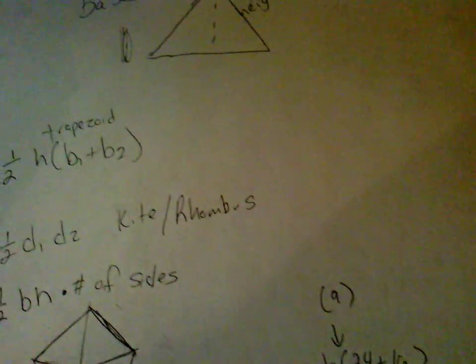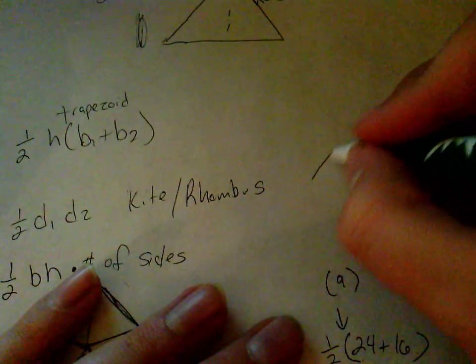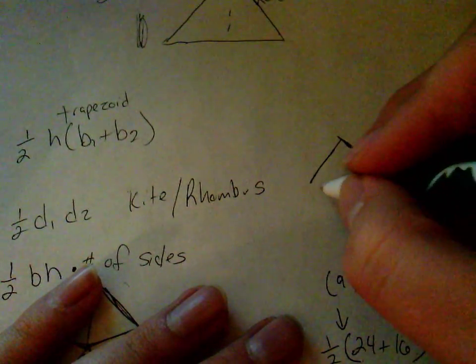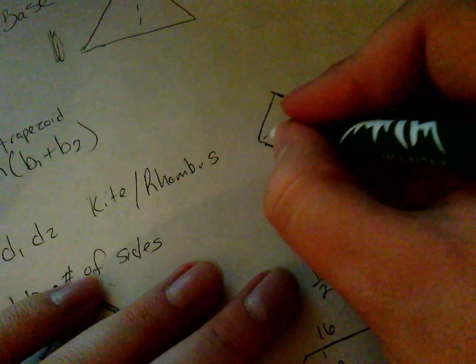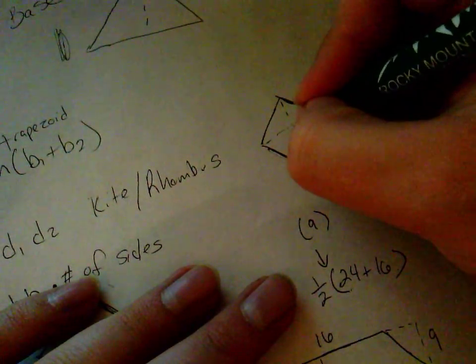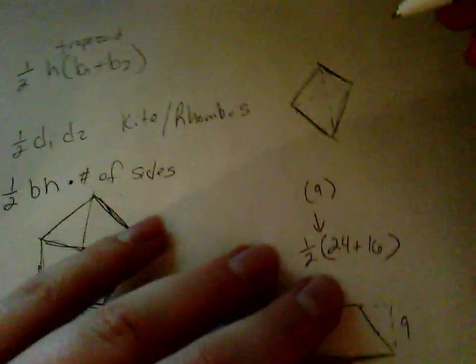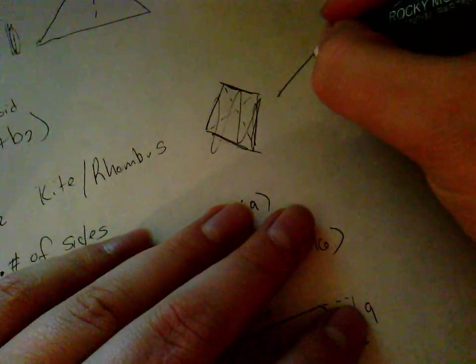For a kite or rhombus, this diagonal thing, it's the dotted lines that are inside of the object themselves. So for example, let me draw a better kite. The one looks like crap.